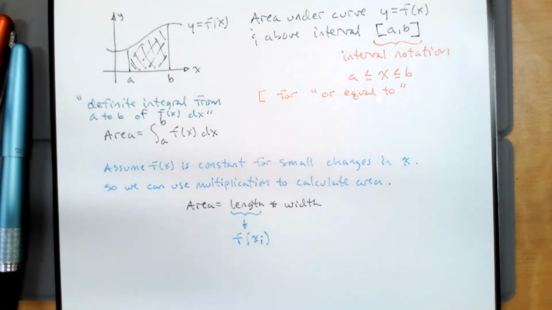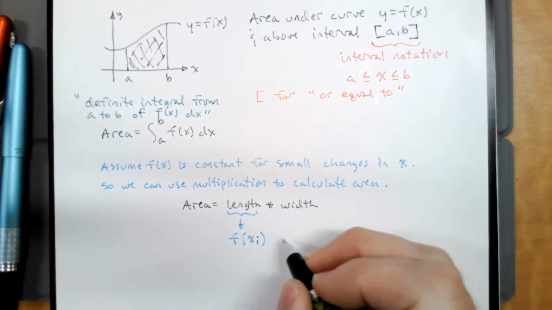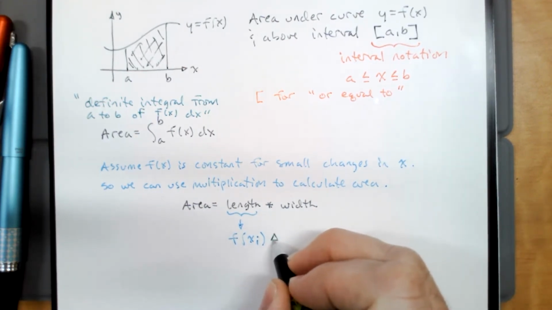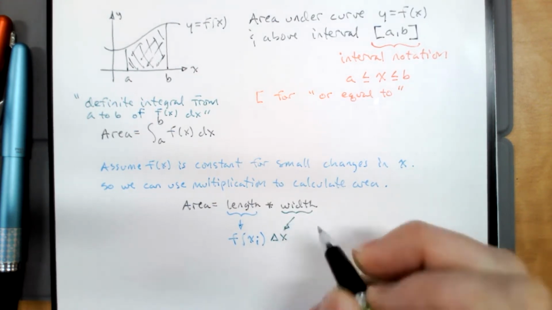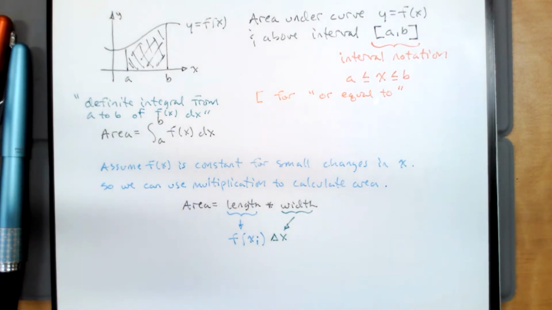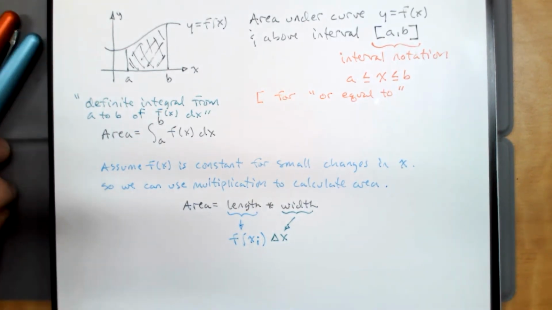Now that the function is flat on top, we can calculate area just by doing length times width. And we give the width delta x. So that f at xi times delta x is one calculation of length times width. And we do this for a bunch of rectangles. Let's say n rectangles, and then we just add up all the rectangles.